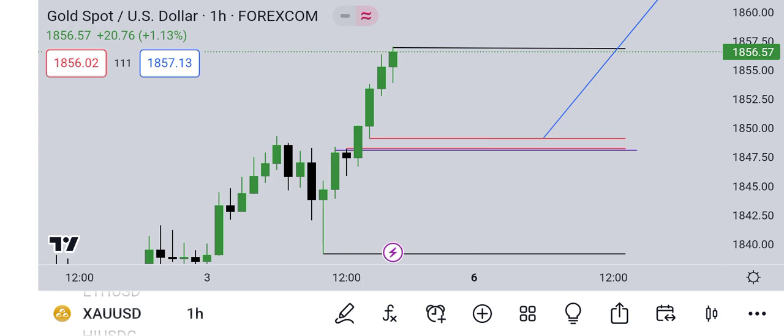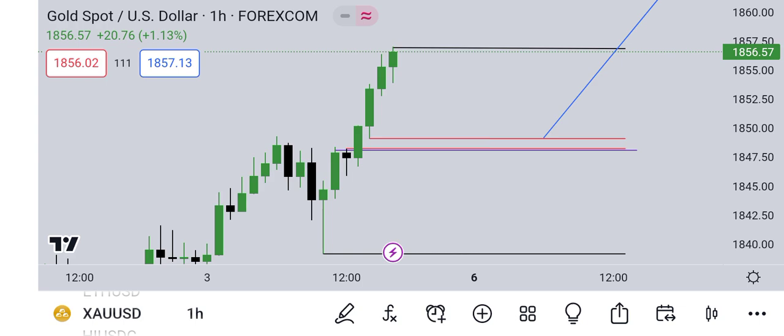Then the market will drop from that rally it's going to make on the dollar index. So basically, very simple and straightforward. I'm expecting this market to drop inside this fair value gap. Then from 1850 we send it to 1890. That's the plan.